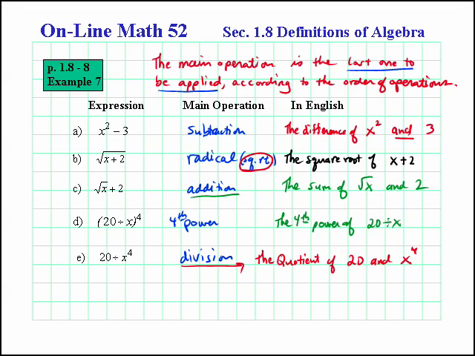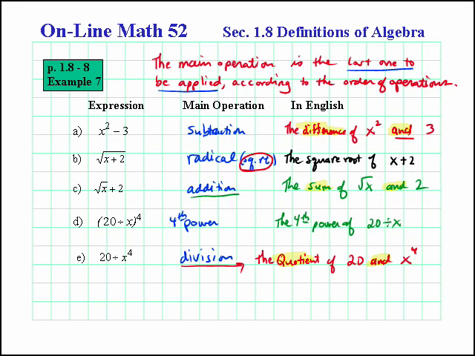Okay? So notice that there are certain things that will always have the "and," the basic operations. If I would have had product here, multiplication, it would be product of something and something else. Okay?